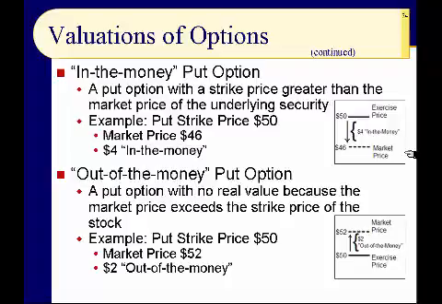Of course, if the market price is higher than the exercise price, then it doesn't make sense for me to sell something for $50 that somebody else will pay $52 for. So my option would be $2 out of the money. Okay, you got to understand this. Well, actually, you don't, especially if you have no intention of ever buying and trading options. But if you take the Series 7, yes, you do have to understand this.